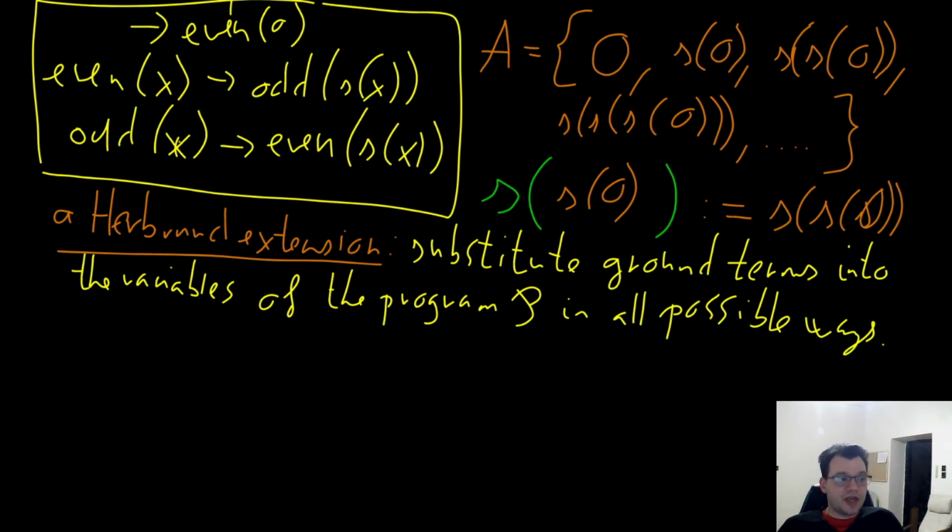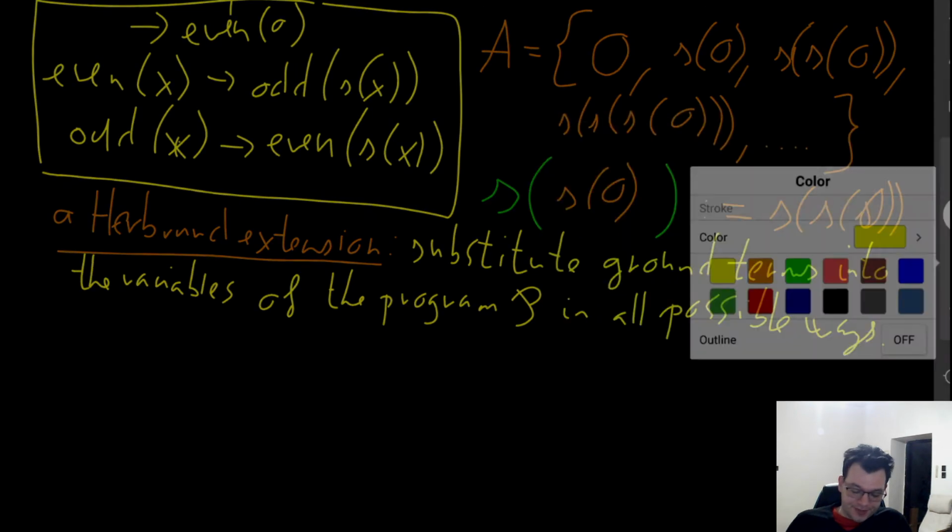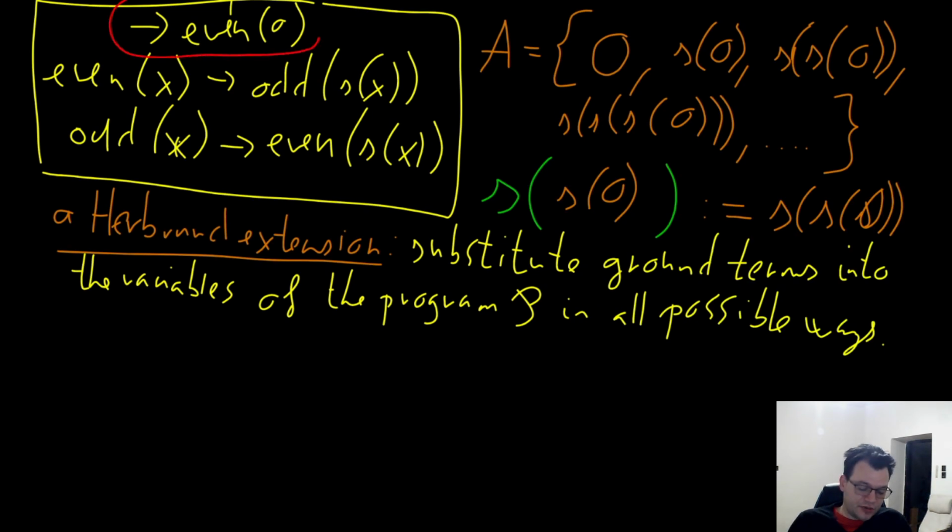So for example, for the first clause, there is absolutely no variable in this clause, so the Herbrand expansion of this particular clause will be just itself. So the Herbrand expansion of this program will contain this clause. That's fine.